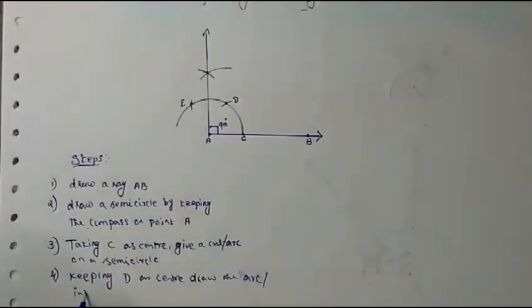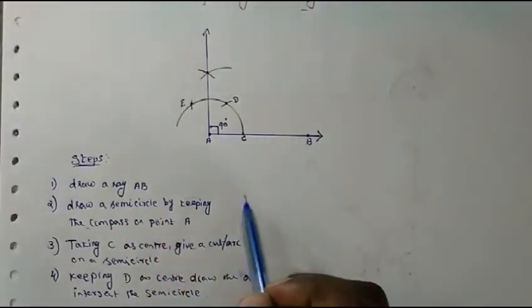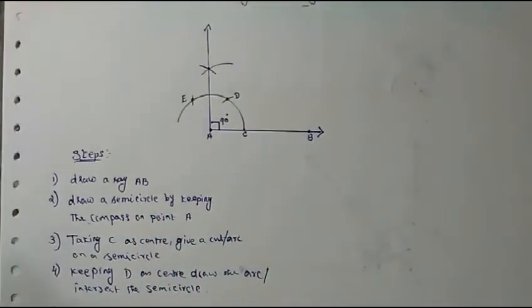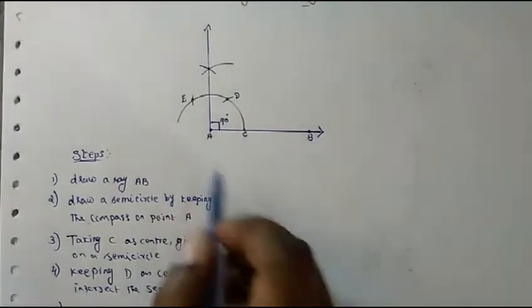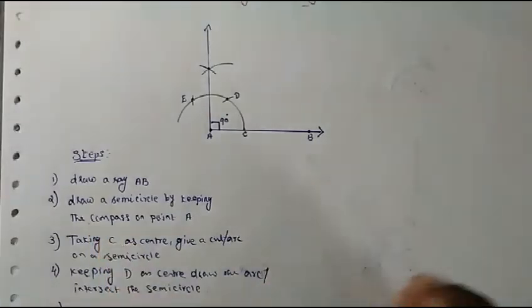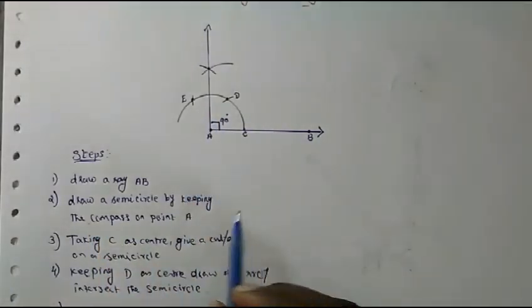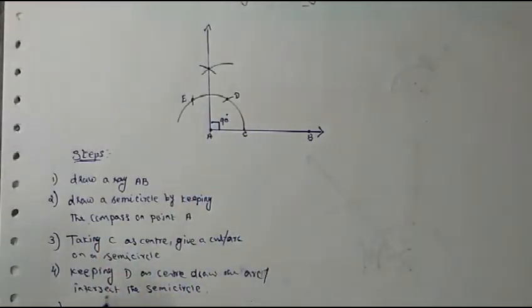You have to write in your own words whatever you have done. Nobody is going to read your steps in detail, but just write down whatever you have done. Then intersect the semicircle and name it as E.